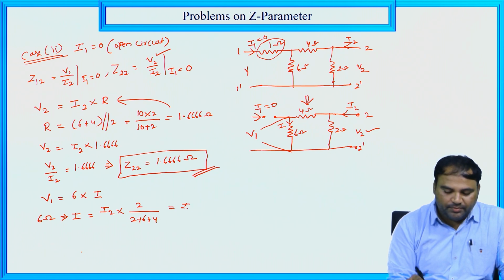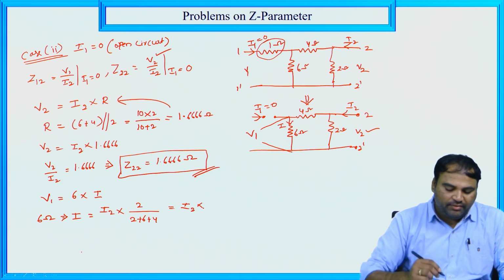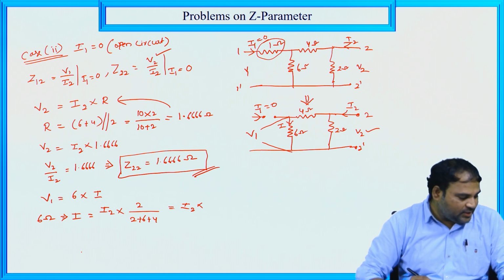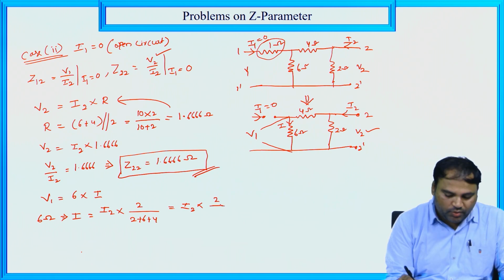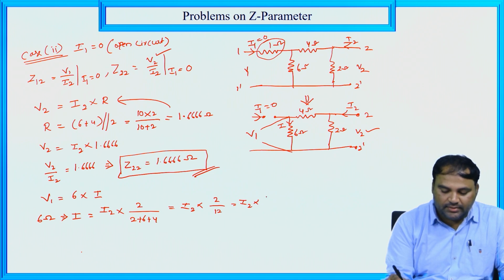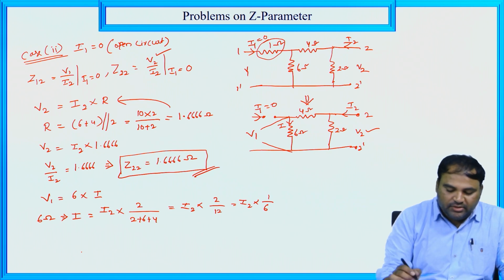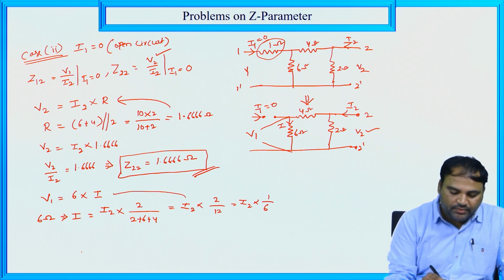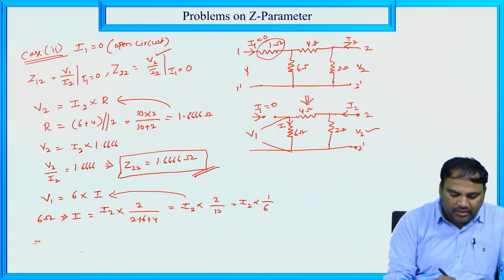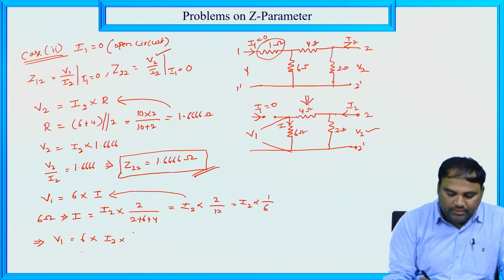That is I2 into 2 divided by 12, which is I2 into 1 by 6. Now substitute this value in the equation. V1 equals 6 into I2 into 1 by 6.